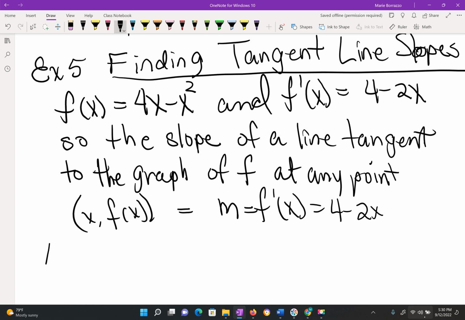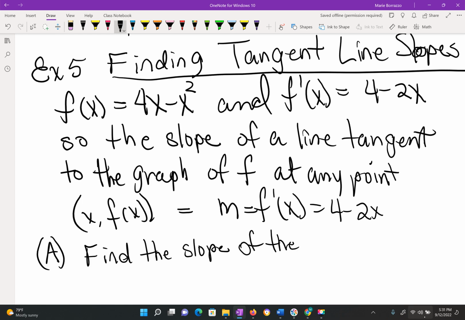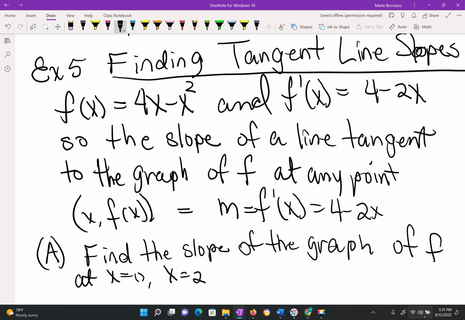So for part A, this is what they're asking us to do. They say find the slope of the graph of f, as in the function, at x equal to 0, at x equal to 2, and at x equal to 3.